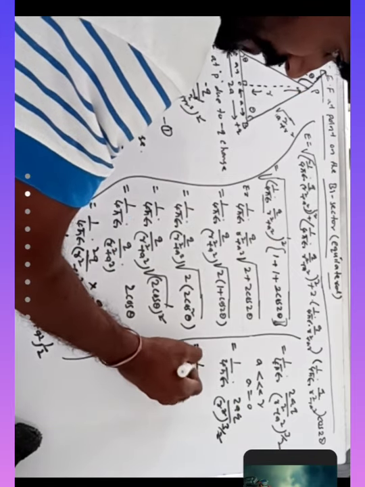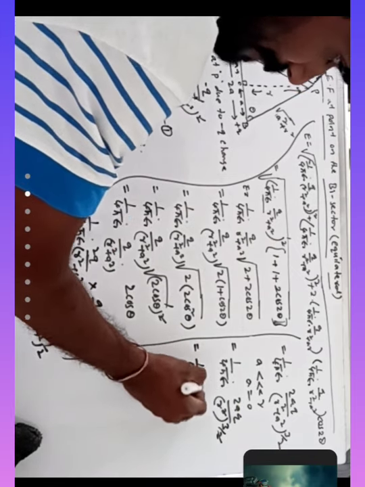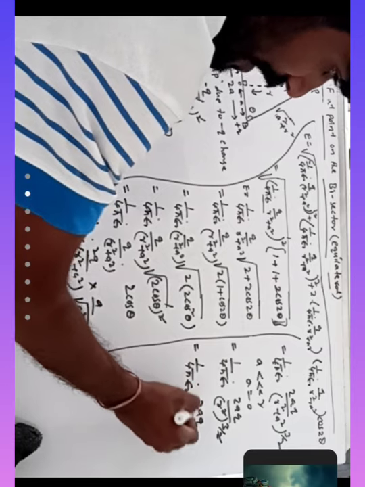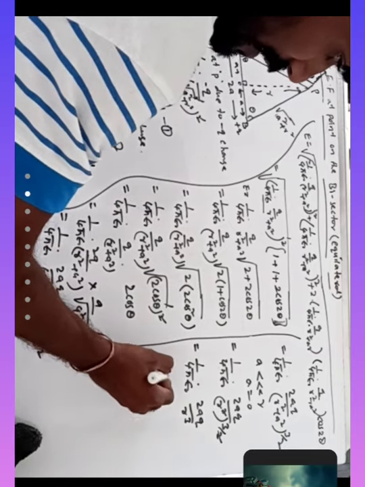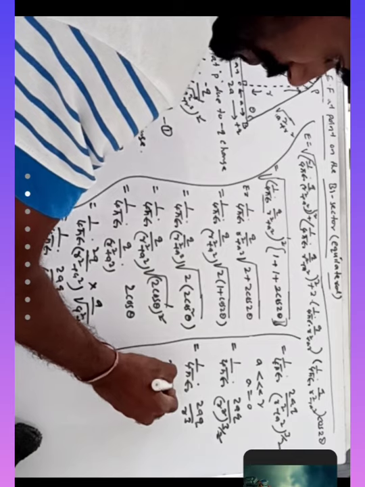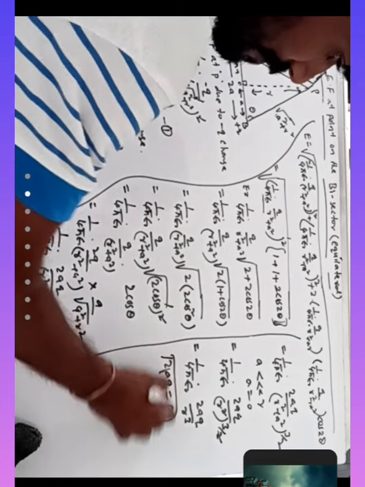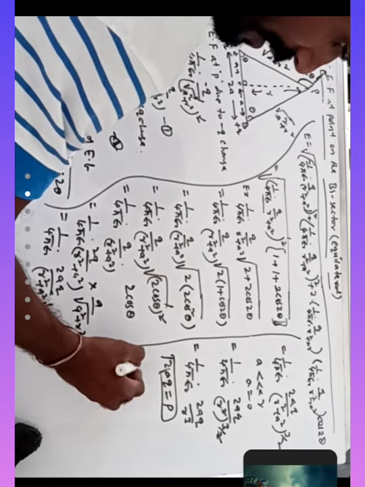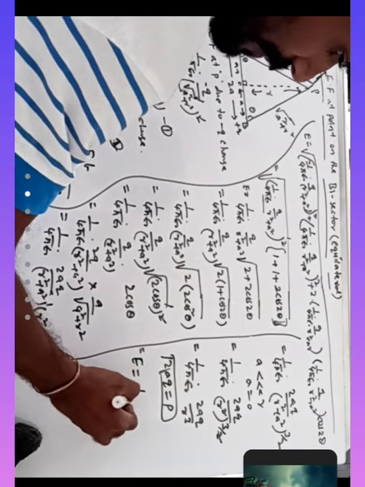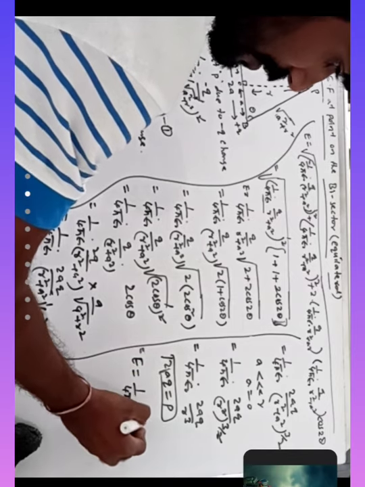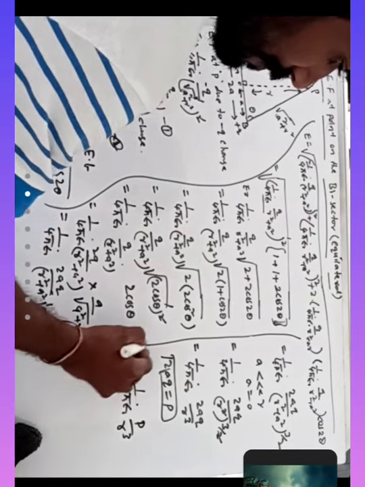Then finally 1 by 4 pi epsilon naught into 2A cube by R cube. Here 2A cube is equal to the dipole moment. Then the final equation E is equal to 1 by 4 pi epsilon naught into p by R cube.